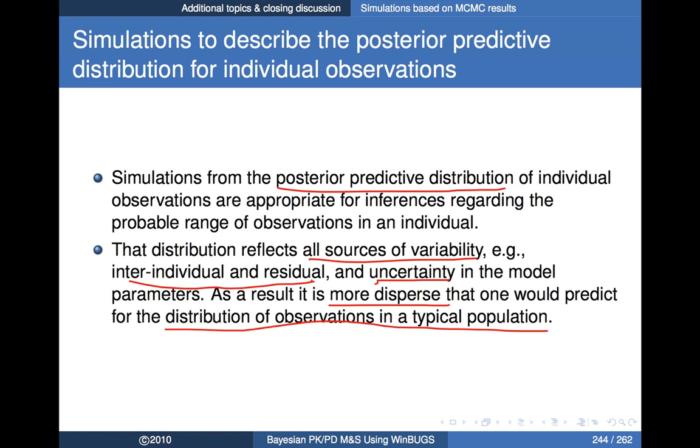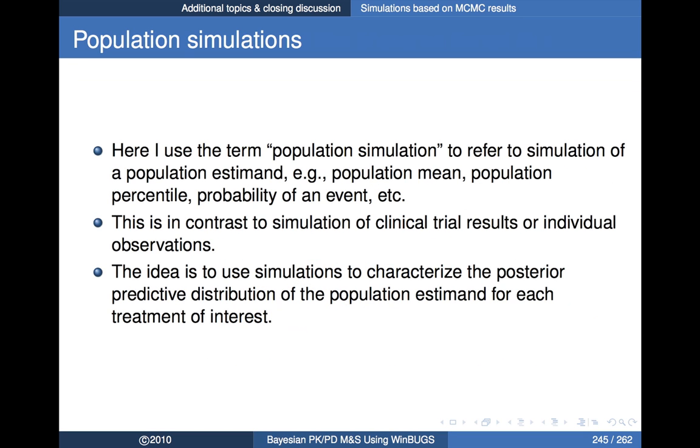Okay. So that's what our posterior predictive distributions are for these individual observations. What I wanted to talk about next is a variation on this notion. I'm going to use the term population simulations, which could mean a variety of things, but I'll use it here to mean a particular thing.